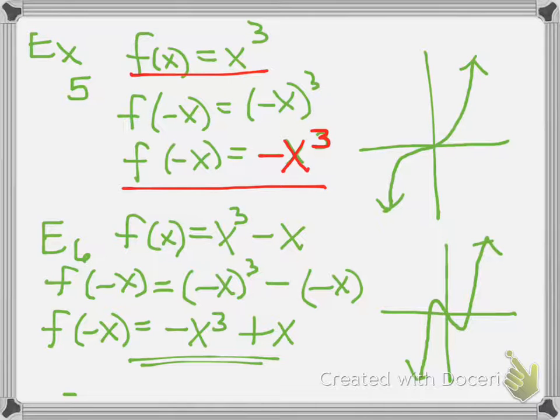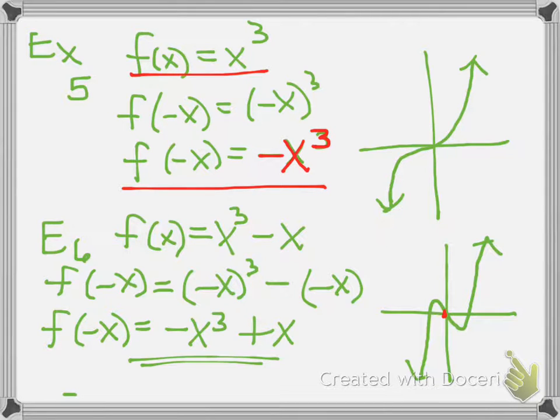All right, next example. Example 6. This is what the graph looks like. It's symmetric to the origin. If you rotated it around, it would match right up. So you plug in the test. You plug in a negative x and solve it. When I do negative x cubed, I get negative x cubed.